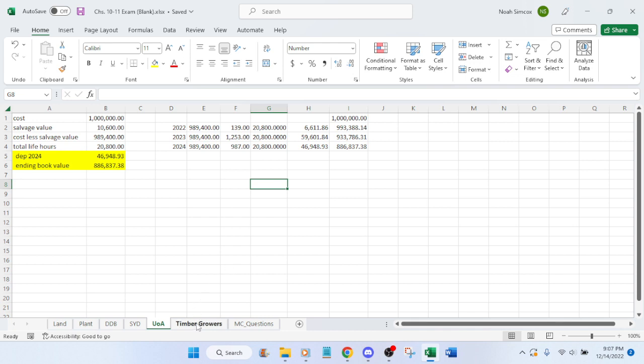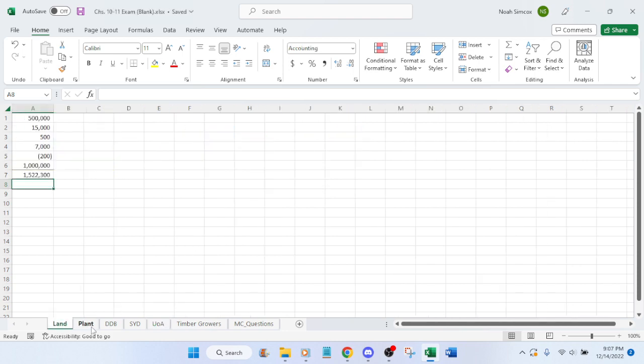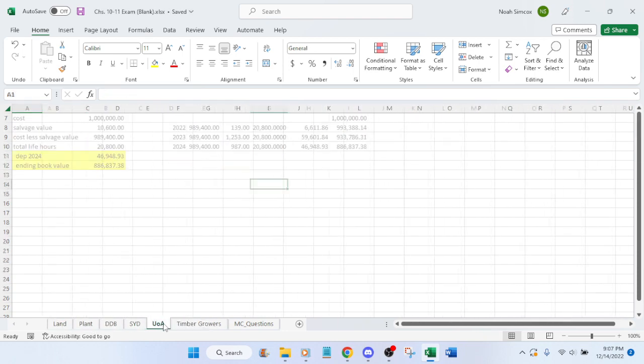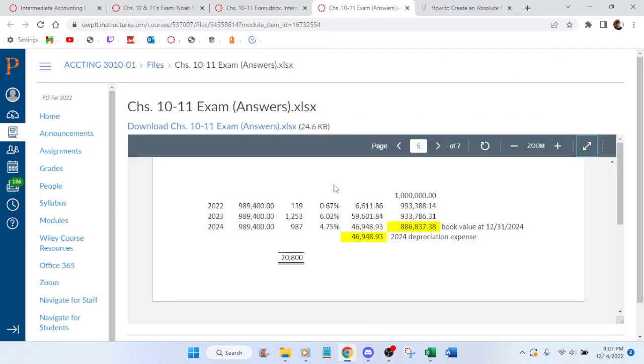Time for the hardest question of the entire class, and yet I somehow got it right by just sheer luck. Why? Just why? Timber growers.